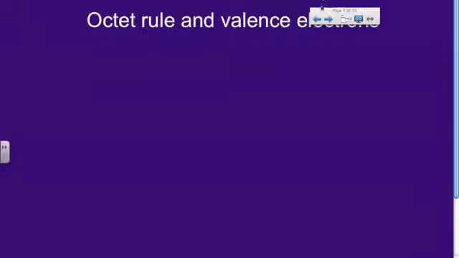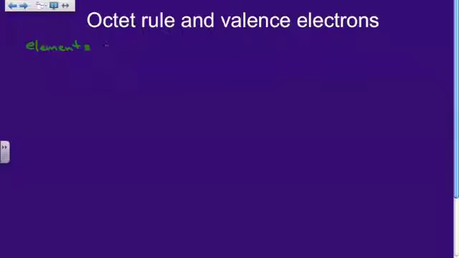So first, to understand why elements bond, we have to look at the octet rule. The octet rule basically states that elements need 8 valence electrons, or, stated in a different way, full outer shells, in order to be stable.